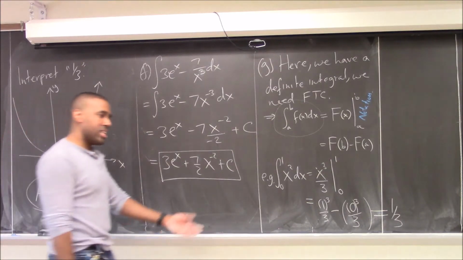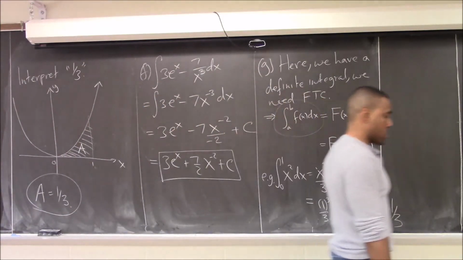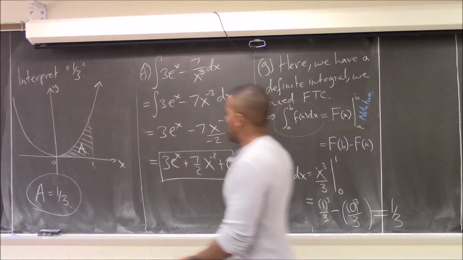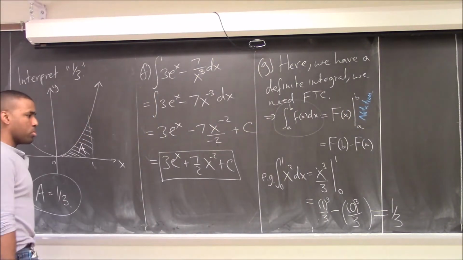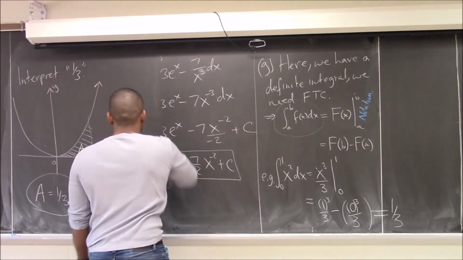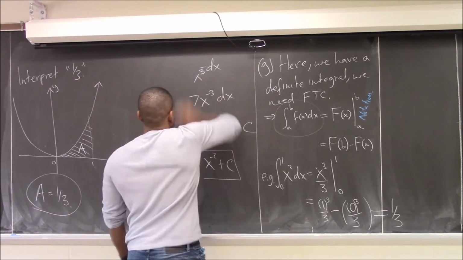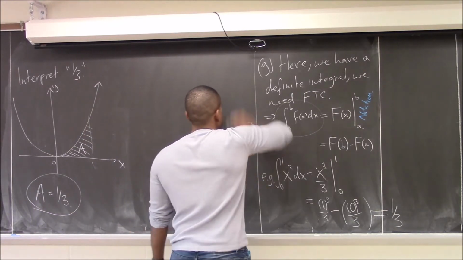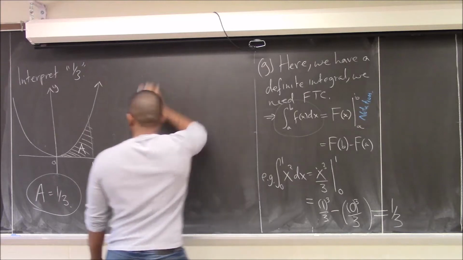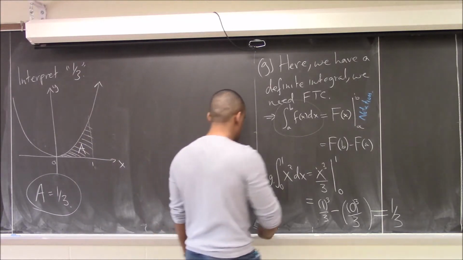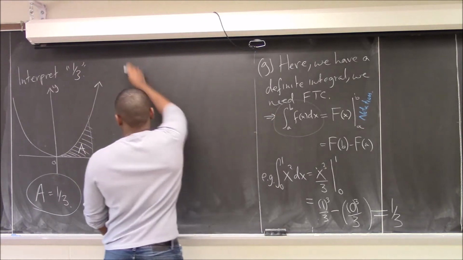So whenever you're finding a definite integral, you're finding an area under a curve. By the way, I think this is as good a point as any, at the beginning of this lecture when I said area under the curve, I actually put the word under in quotations. I don't know if you noticed or not, but I did.